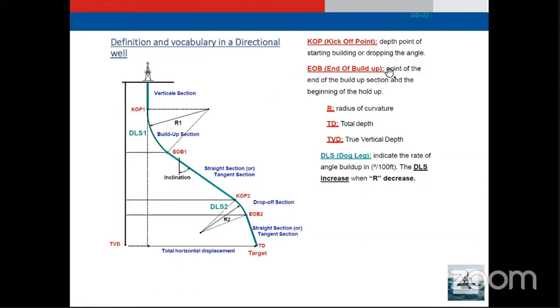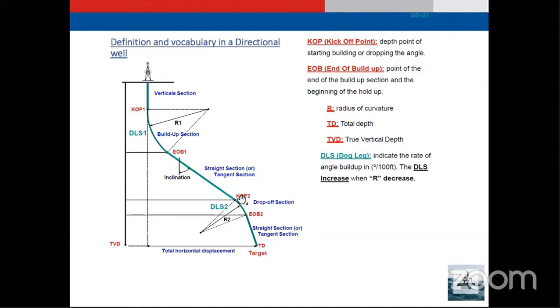The end of the build up section is the point of ending the inclination increase, say from 0 to reaching 30. In the tangent section, as we saw in these slides, we keep the angle constant until we reach another drop off point.